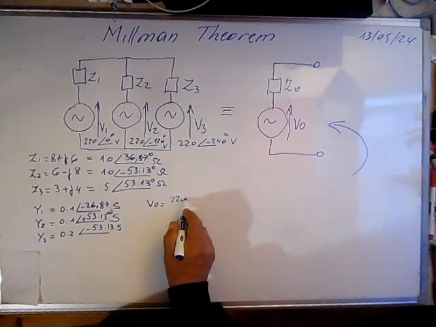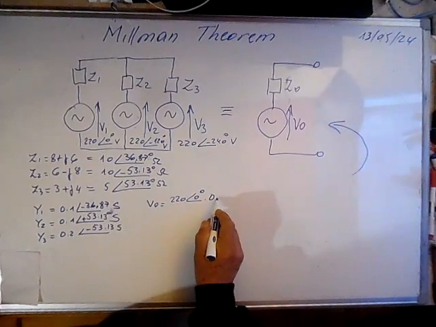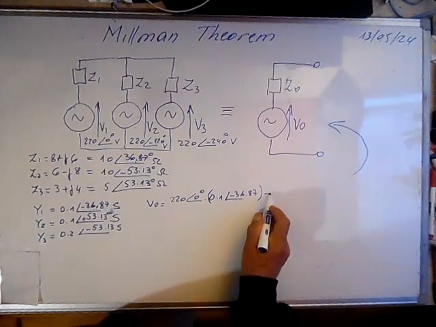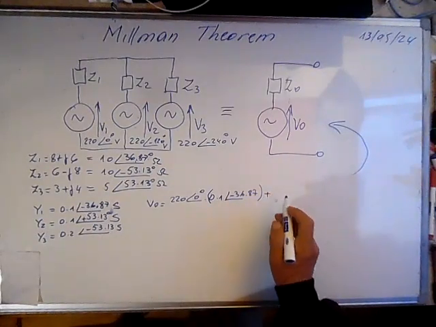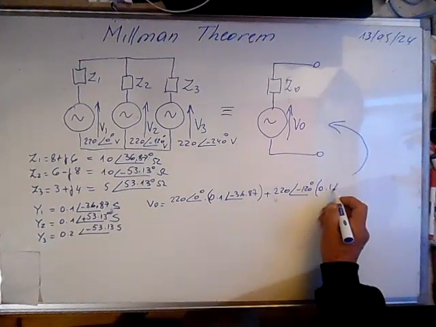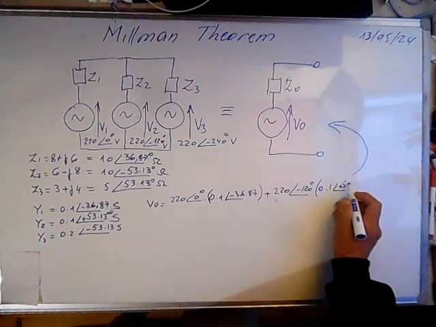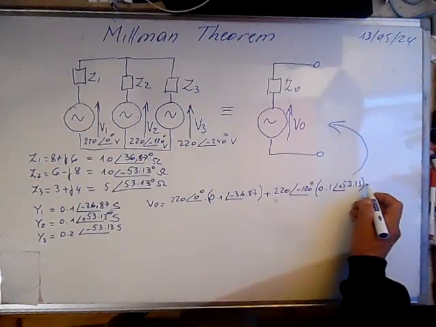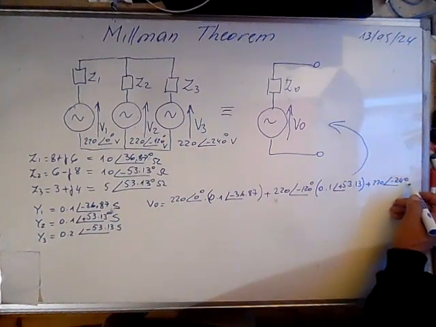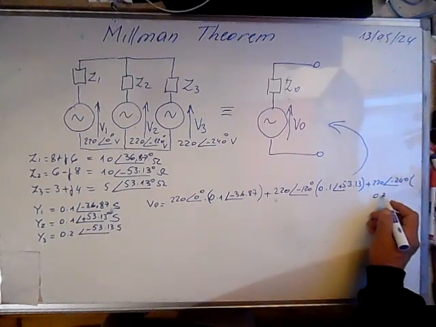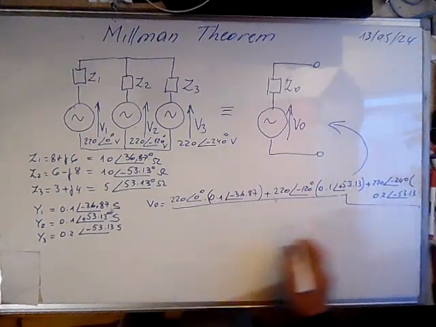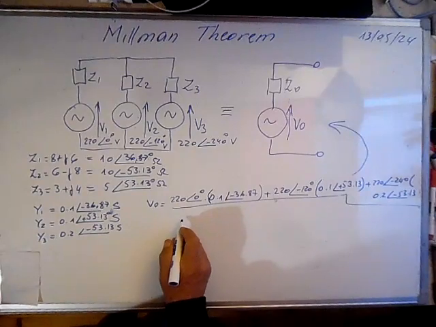So here we have 220 at 0 degrees times 0.1 at minus 36.87, plus V2, which is 220 at minus 120 degrees times 0.1 at 53.13, plus 220 at minus 240 times 0.2 at minus 53.13, divided by the sum of the admittances.